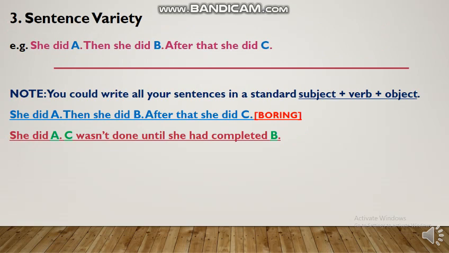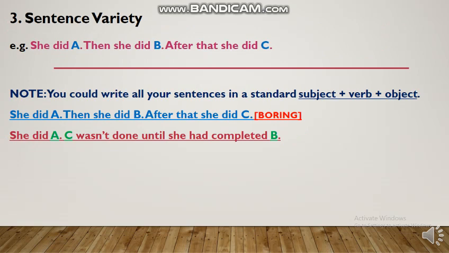The passive allows you to play with sentence structures. I mean, instead of saying she did A, then she did B, after that she did C, you could say: she did A. C was then done until she had completed B. So the passive allows you to play with sentence structures.